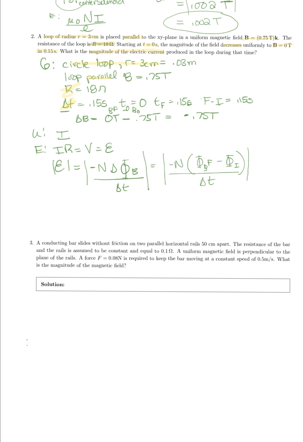And how do we know what our magnetic flux is? Well, we know magnetic flux is B A cosine of theta, which is what? This angle is the angle between the magnetic field and the plane of the area. So let's write that down. This is the angle.